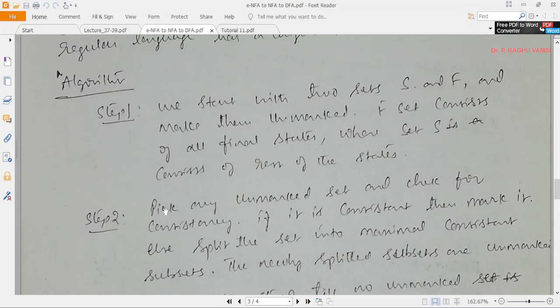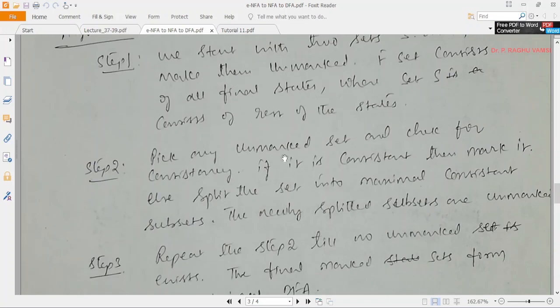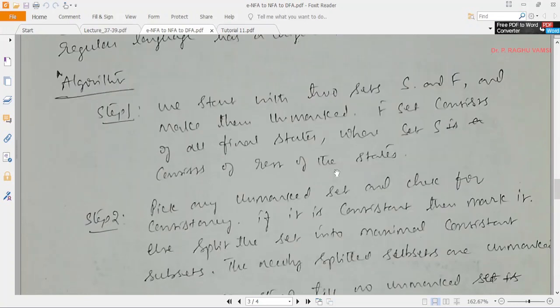Step 2: pick any unmarked set, because first we have taken the sets S and F and made both sets unmarked. That means we have not considered those sets yet, which is what is called unmarked. Pick any unmarked set and check for consistency.